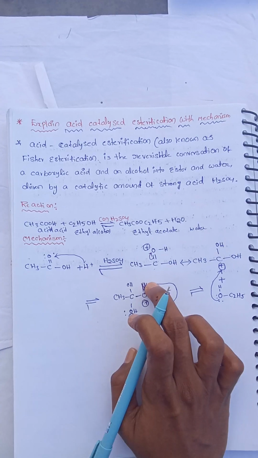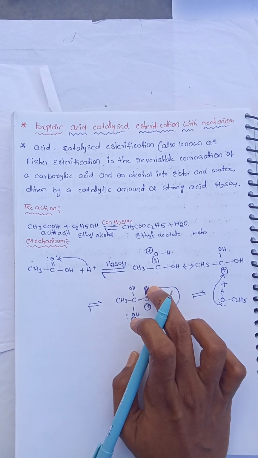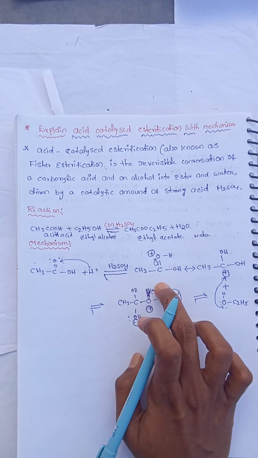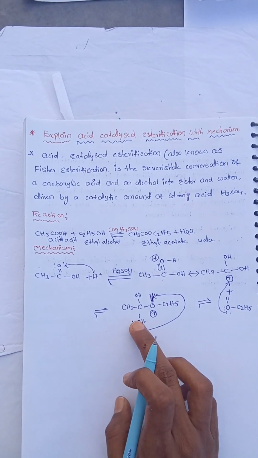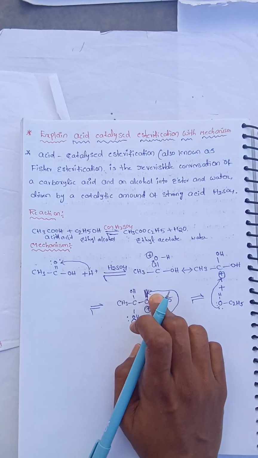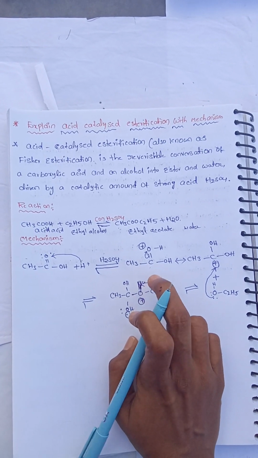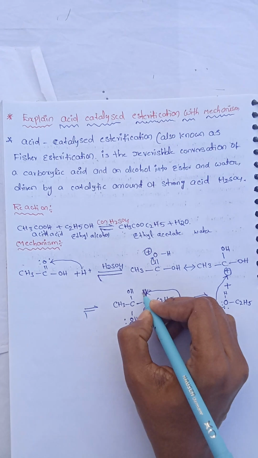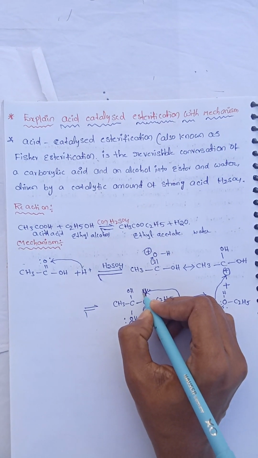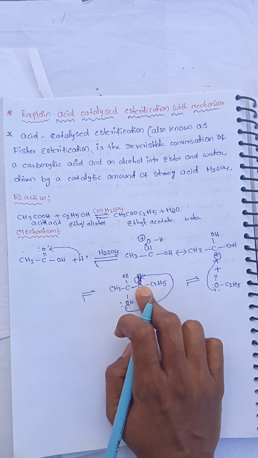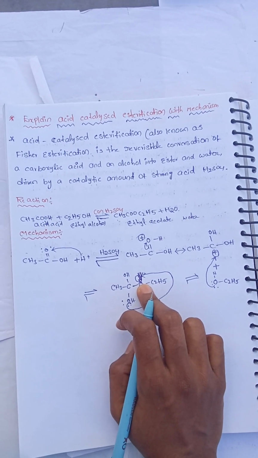Then the hydrogen gets a positive charge again. When this pair is attached to this hydrogen, the hydrogen gets a positive charge. Now when the hydrogen gets a positive charge, this bond migrates to this side.